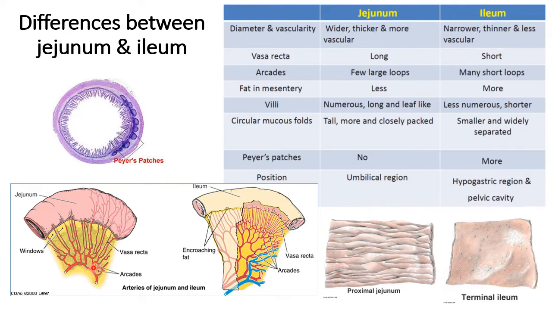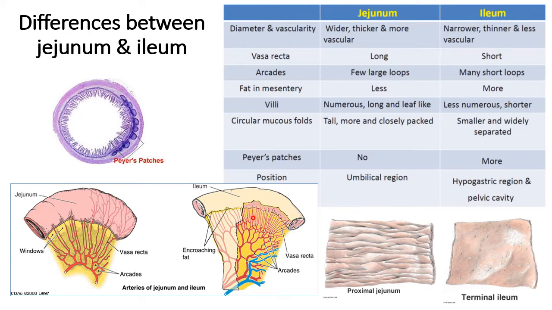The jejunum has fewer arcades and longer vasa recta, while the ileum has more arcades. So you can count how many loops: 1, 2, 3, 4, 5, and sometimes more. So the ileum has more arcades but shorter vasa recta.